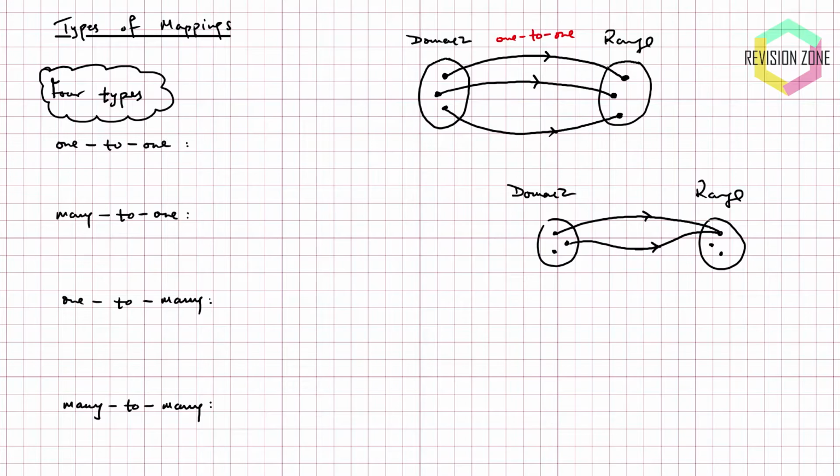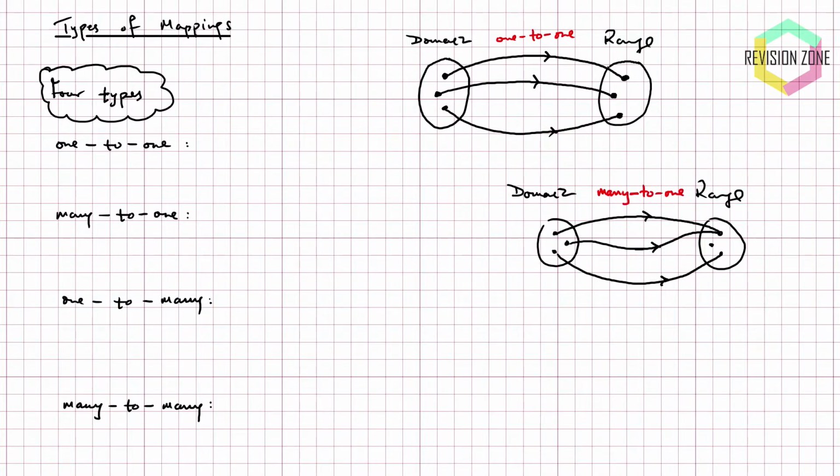And that's perfectly well defined. Why is it well defined? Because if we go back to the definition of a function, all it says is that each input should have one output. This input has one output, and this input also has one output. So a many-to-one mapping is also a well-defined function.